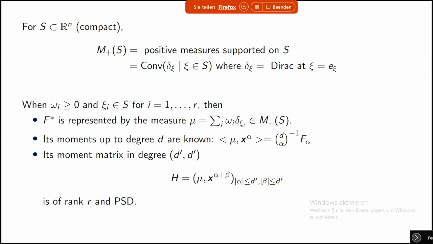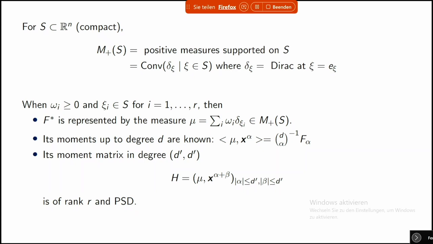Delta xi is, as I said before, the Dirac measure at xi. Its moments up to degree d are unknown and given by this formulation, where f alpha is the coefficient of the initial polynomial, and this one is the inverse of the multinomial coefficient.